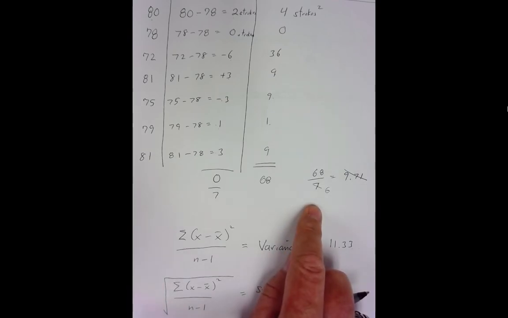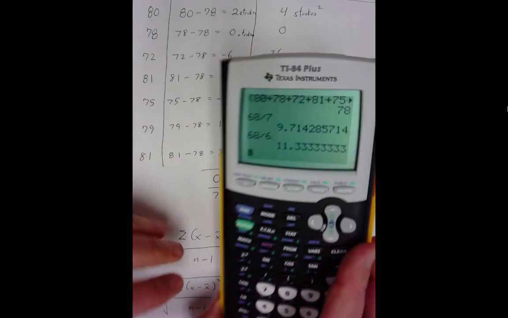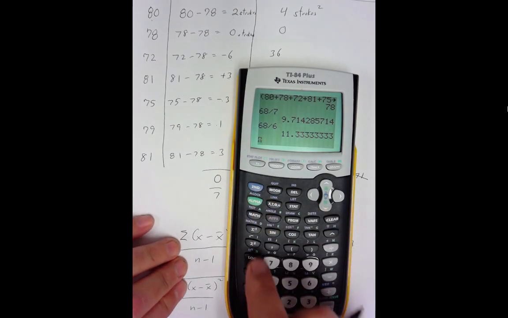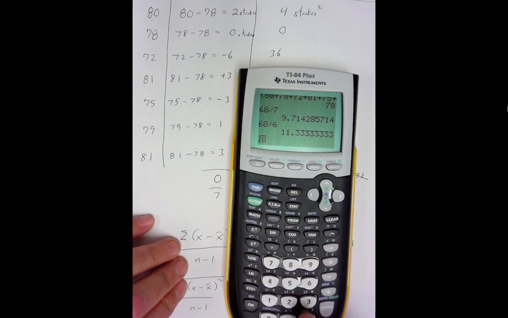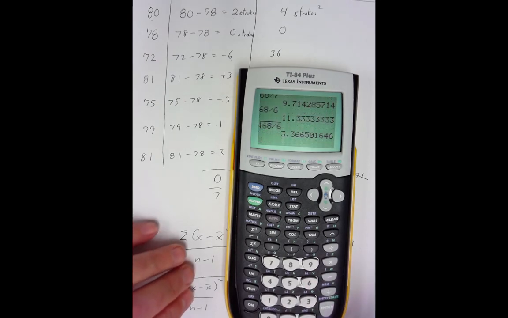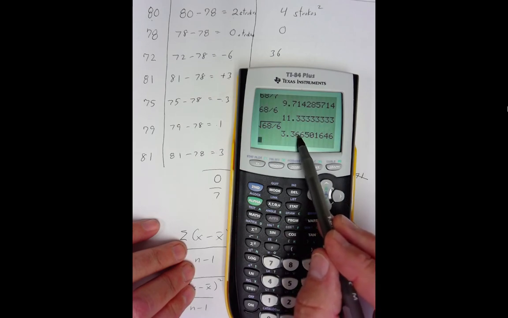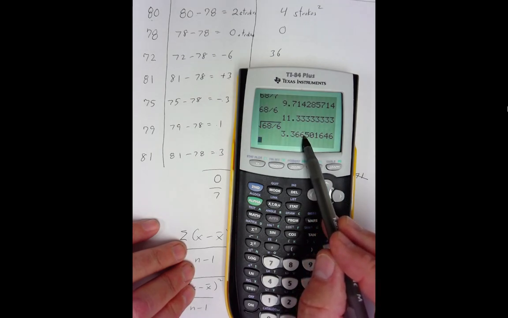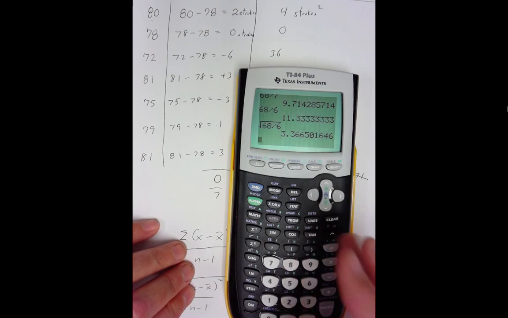So guys, I can take 68 divided by 6, take the square root of 68 divided by 6, and I get the standard deviation of 3.37. Guys, I'm going to take that 0.36, and because that third digit is bigger than 5, I'm going to change that to 37.